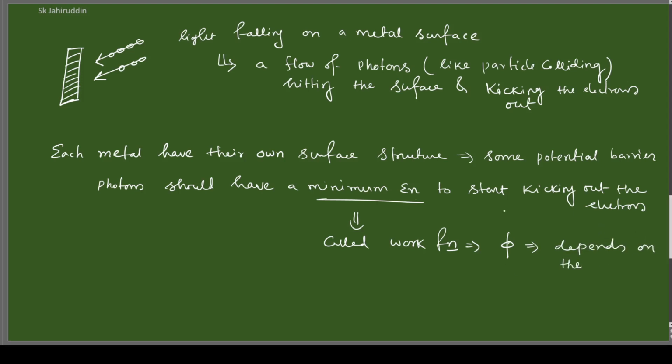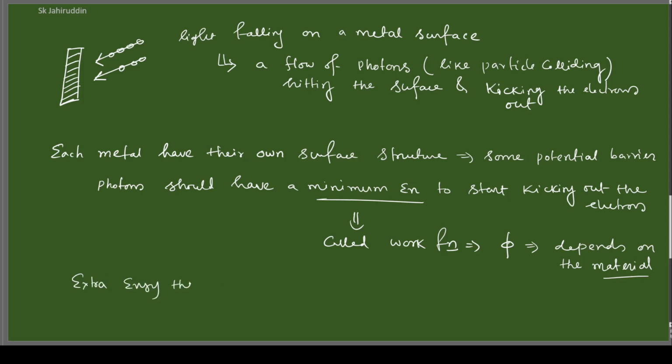You know that not always metals are used in a solar panel. What is used? A semiconductor. It depends on the material.